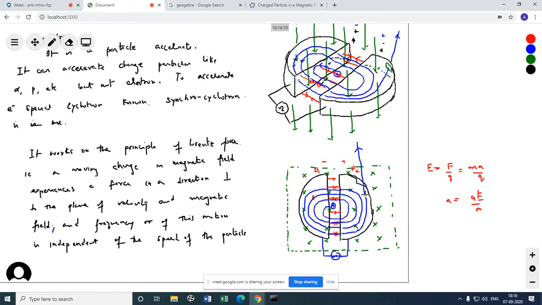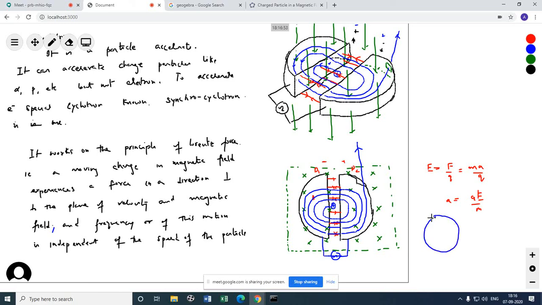In that case I will switch off the electric field. Switching off the electric field is not going to accelerate it, because acceleration only takes place within the gap. So this is one application-based question: in the cyclotron, if the electric field between the gap is closed, what do you expect will happen? You will say that at that time the charged particle will follow a constant circular path.